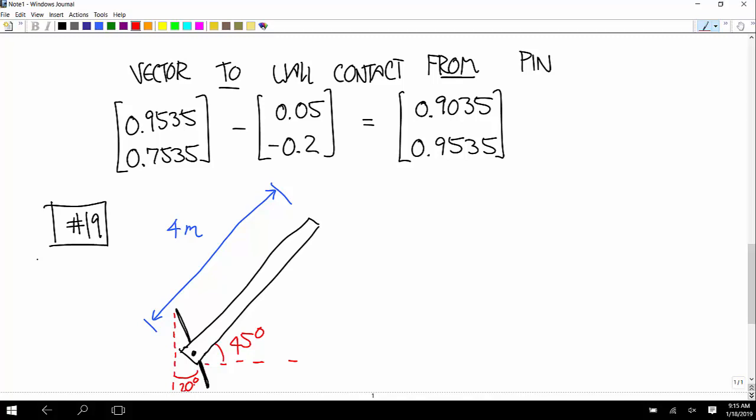And then there's a pin up at the top connecting it to the wall.